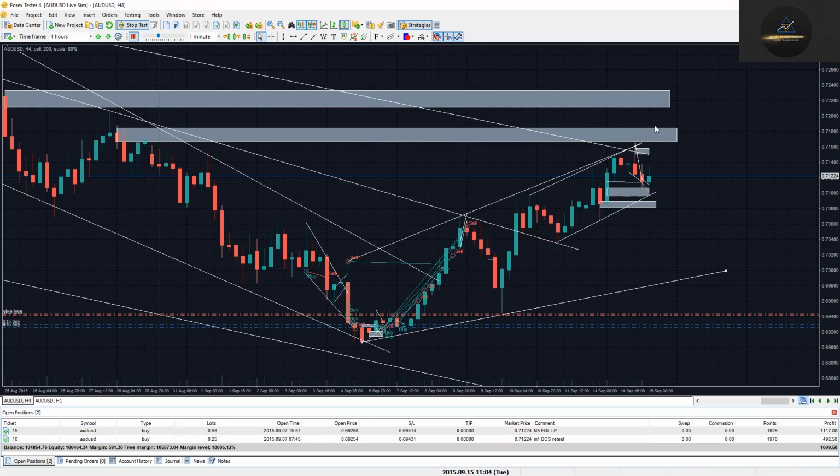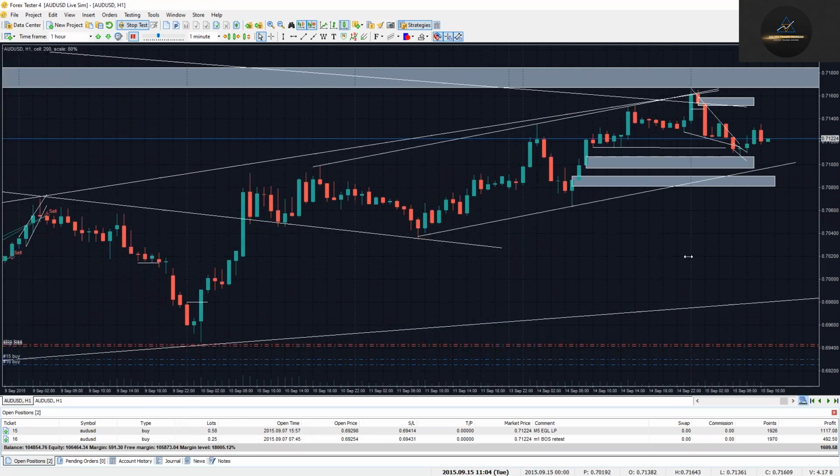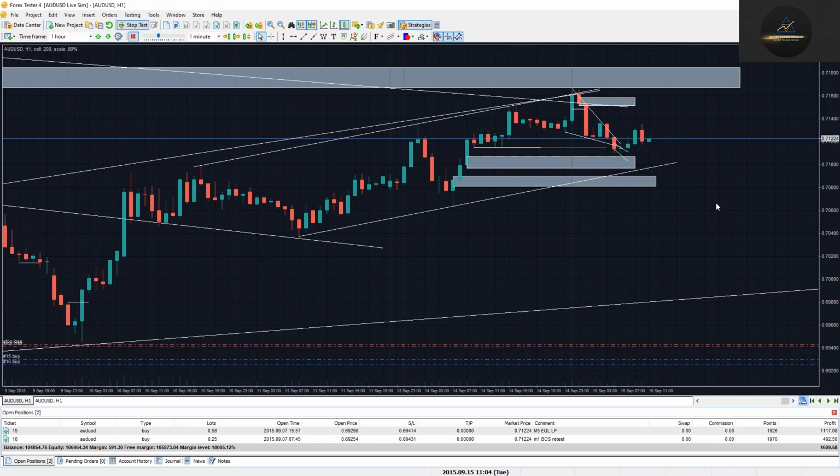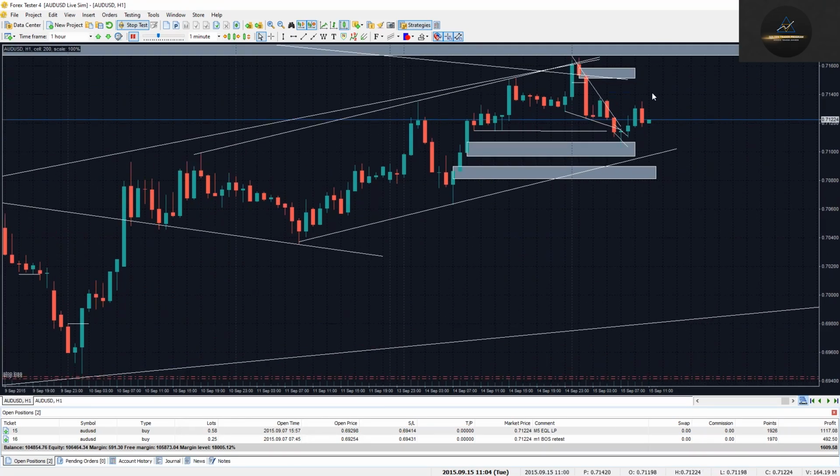I think I'm going to wait for price to come up a little bit, and I want to bank a little bit more profits up here, because this is definitely a really good time to do so.